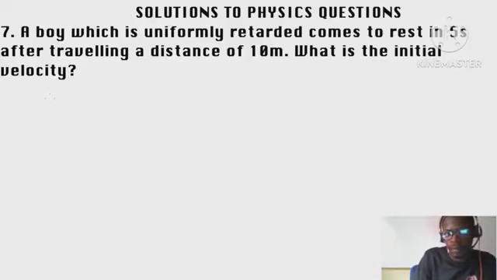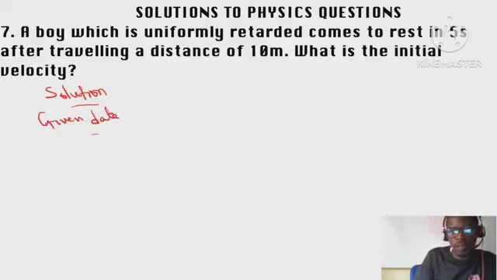So we have the solution. Here we have the given data.